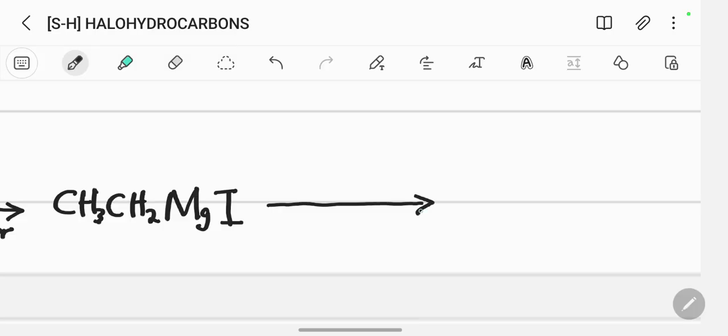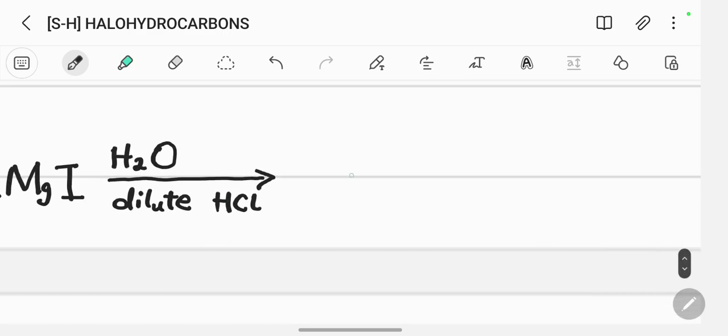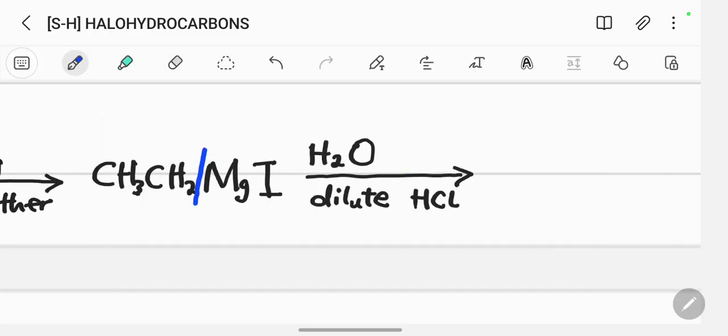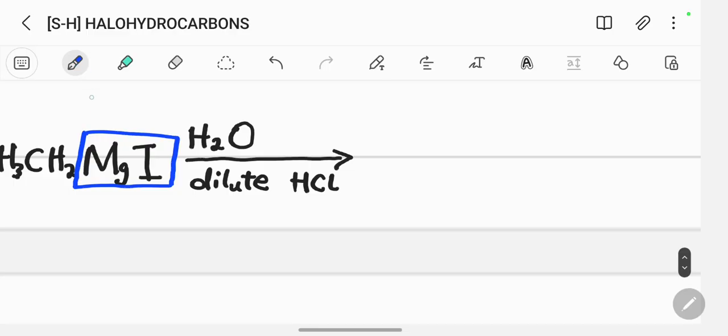Then when you add water and dilute hydrochloric acid or dilute sulfuric acid, I will prefer HCl, simple. It's going to eliminate this, and we add hydrogen there. We end up with CH3CH3.